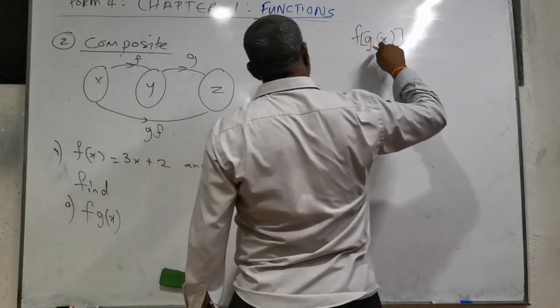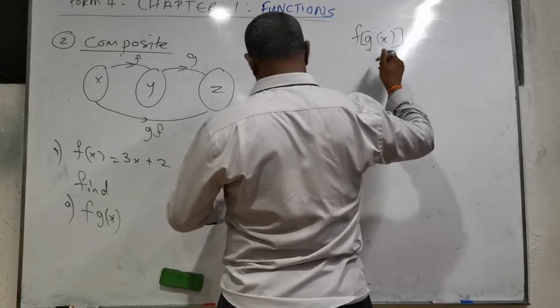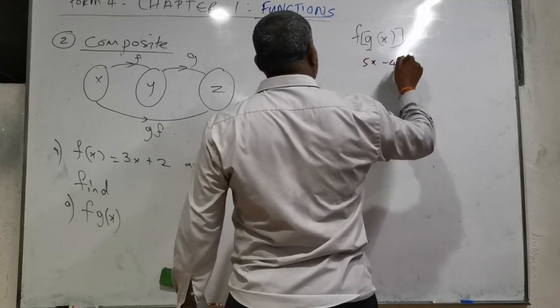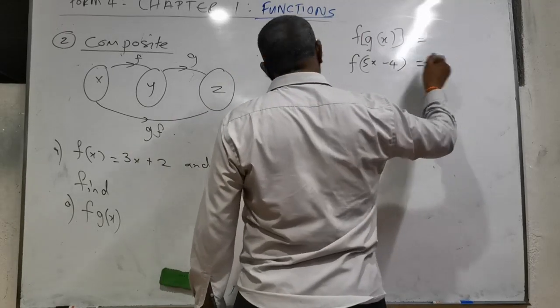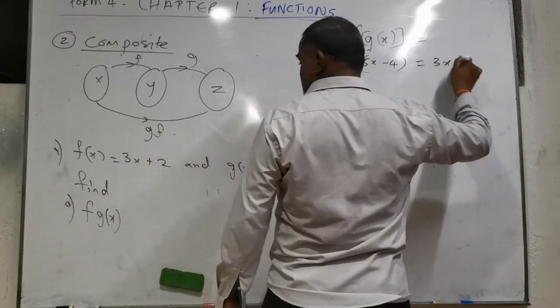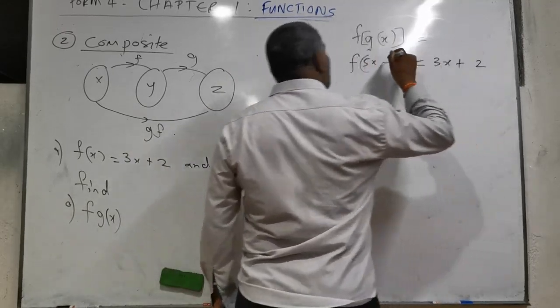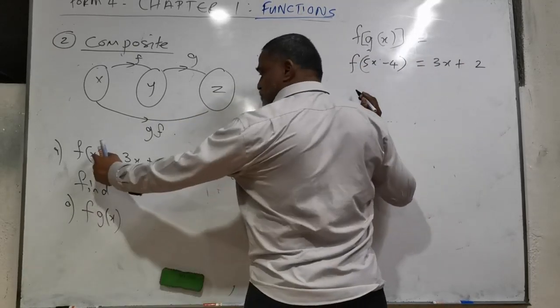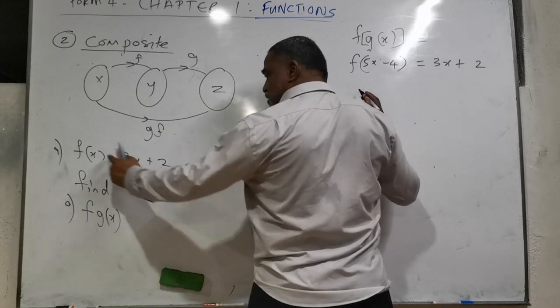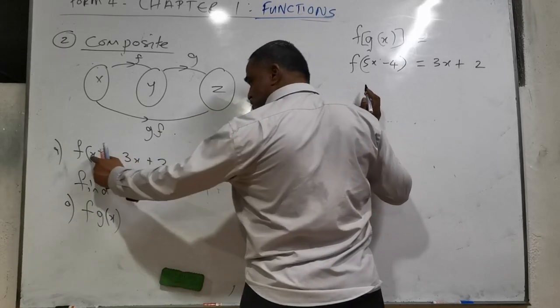Or you can do like this, cut and paste. The g(x) is 5x minus 4. So then you need to do the f. f is 3x plus 2. Whatever is in front of f, we call object. So object, let's say I give you 10, you substitute 10. Like here I give 5, you substitute 5, because this is called object.